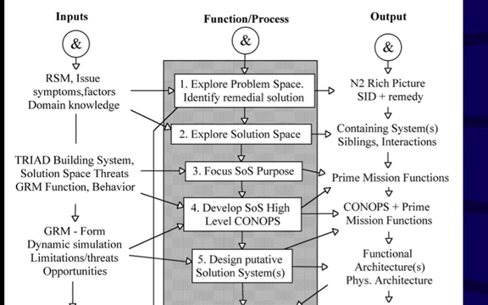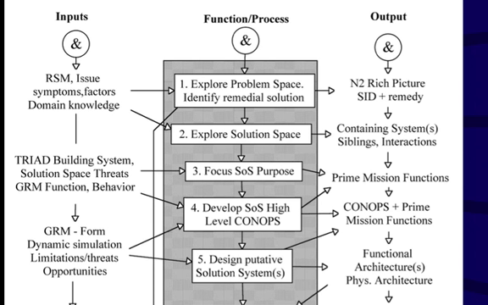So at the top we have number 1, explore the problem space and identify a remedial solution, and the input to that is the rigorous soft methodology, of which more anon. Issue symptoms, factors that make this particular situation special, domain knowledge, and context, of course. And the output would be an n-squared rich picture, a systems interaction diagram, and what we might simply call a remedy, which would be the conceptual whole.